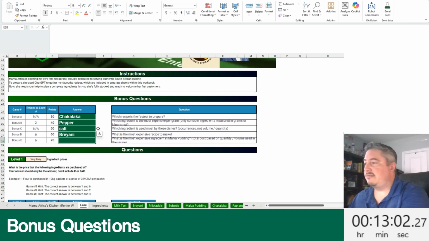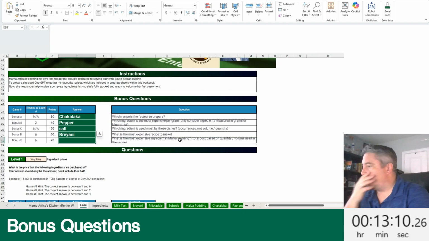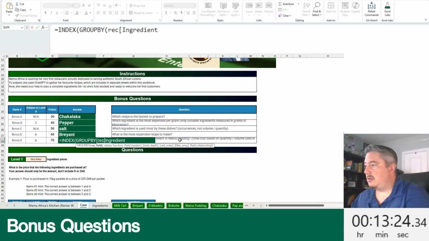What is the most expensive ingredient in the malva pudding? Malva pudding. Okay. So, I guess index group by, we want ingredients this time.